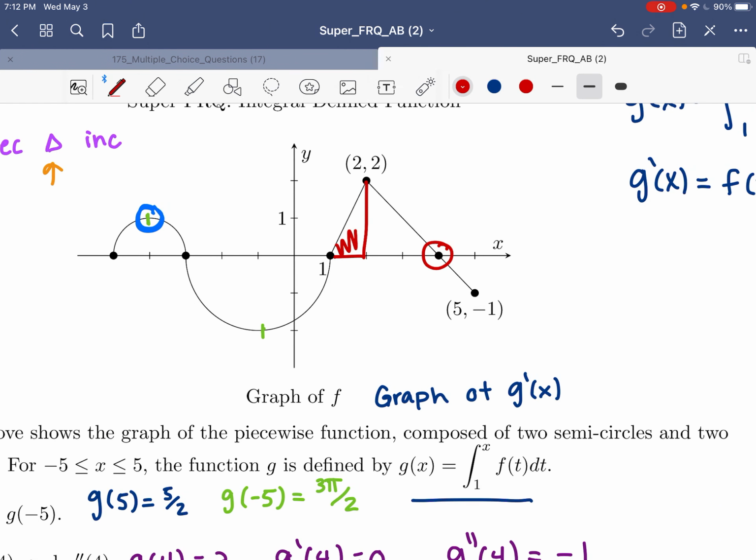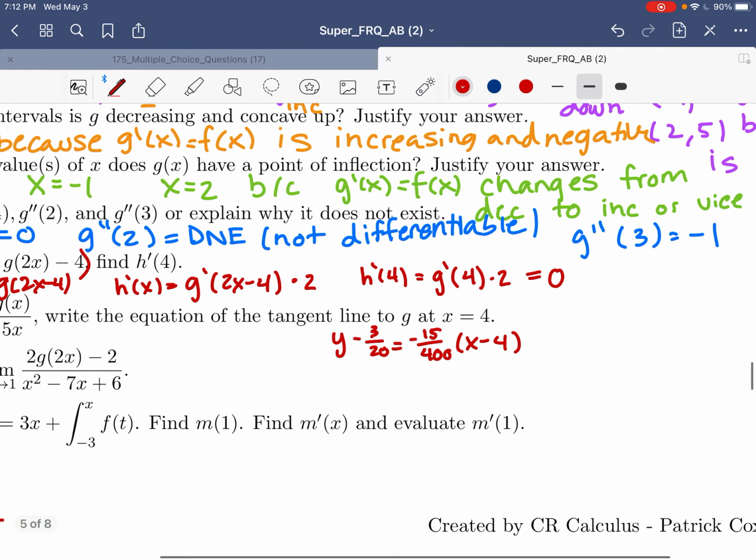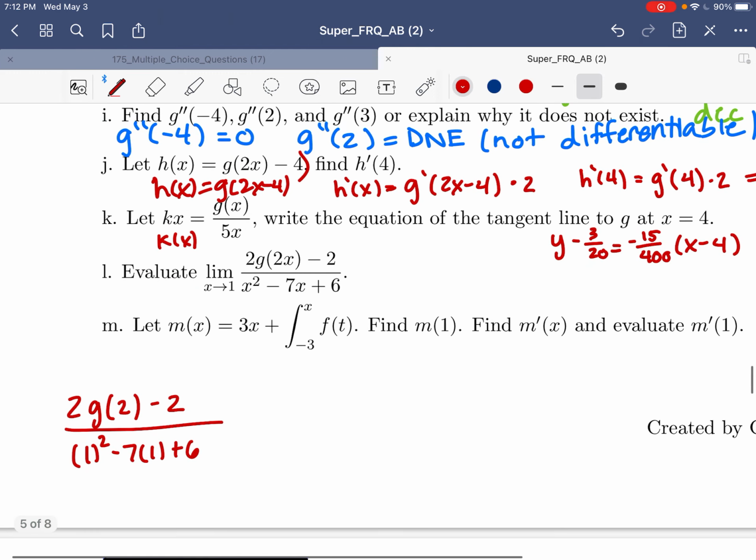We didn't find it, but it's this area under the curve from 1 to 2. So our base is 1, our height is 2. So it's 2 divided by 2 for the triangle, which gives us 1. So this is going to be 2 minus 2 over 0. So I get 0 over 0.